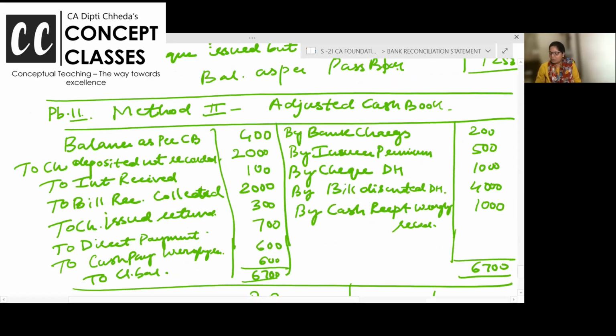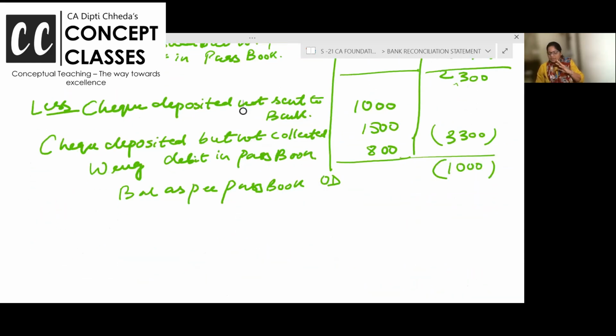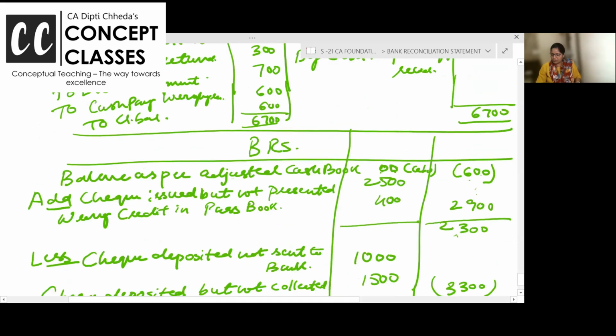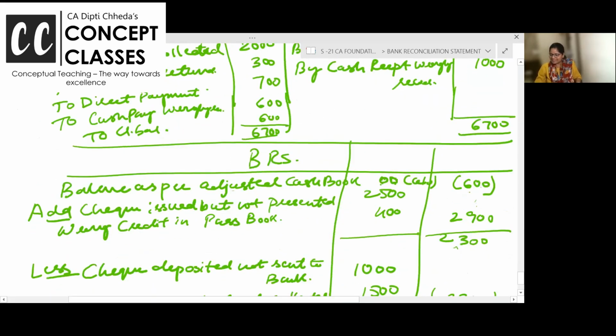All this will go in the BRS, credit side. ठीक है? 200, 500, 1000, 4000, 1000 and all this. So all ये पूरा add का list है 2000 to 600. Look where my pen is moving. और ये भी add. All this is less list and this.